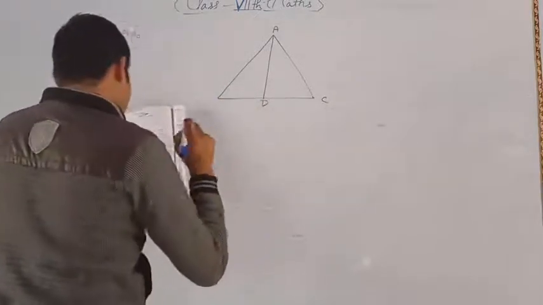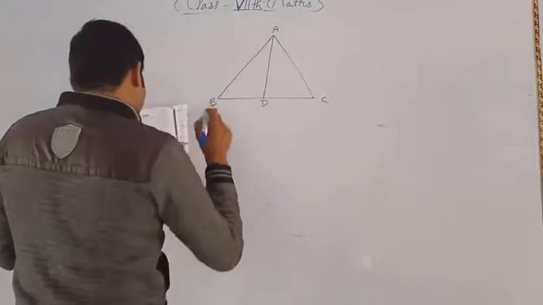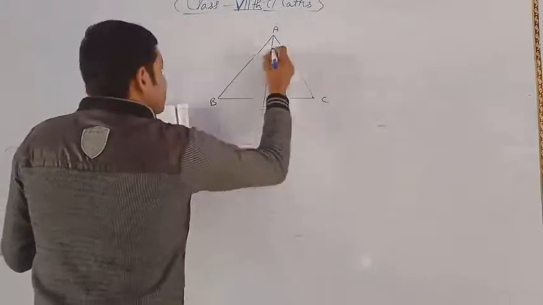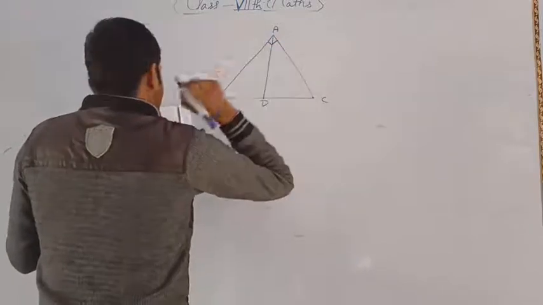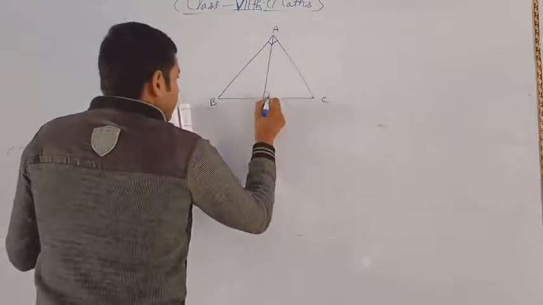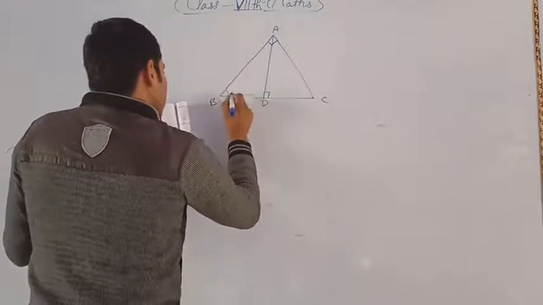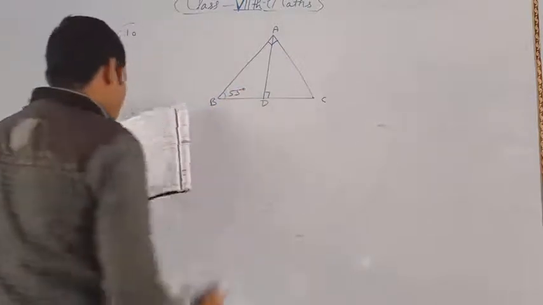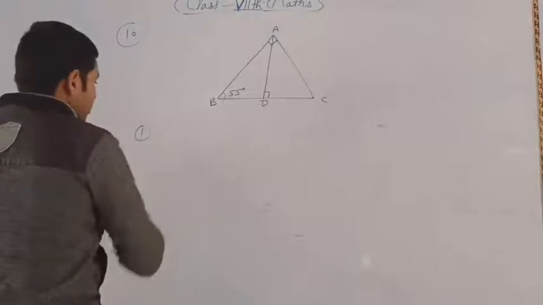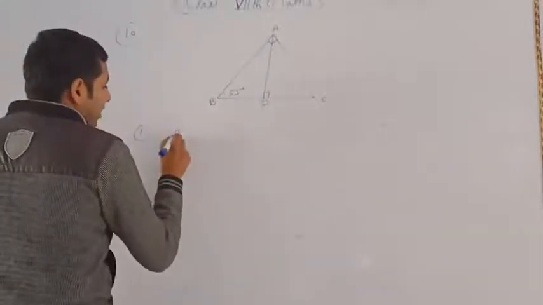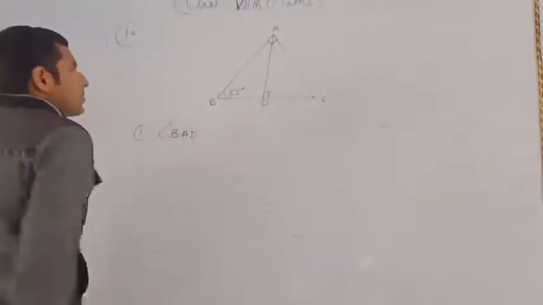This point B, A, C, from here, given that this angle is 55 degrees. Okay, now first of all you have to find angle BAD.